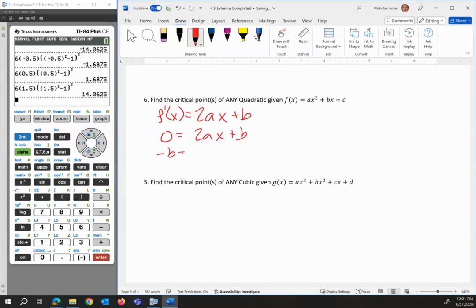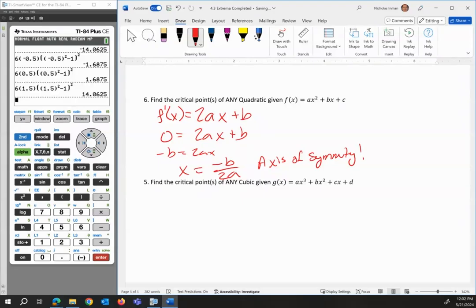Subtract the b. Divide by 2a. And wouldn't you know it, that looks really familiar. That was the formula for the axis of symmetry in a quadratic.